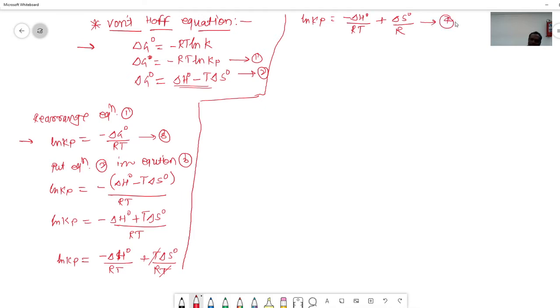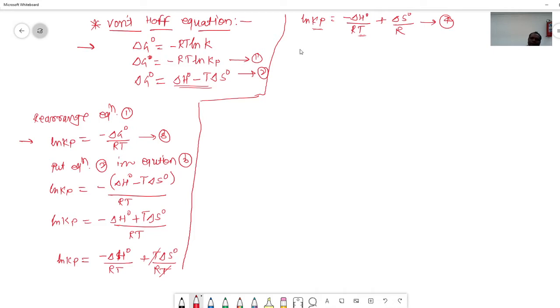Now if the reaction is carried out at two different temperatures, this equation can be written. For temperature T1 this will be Kp1, and T will be equal to T1.